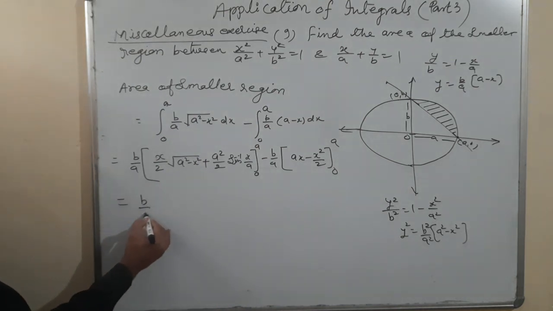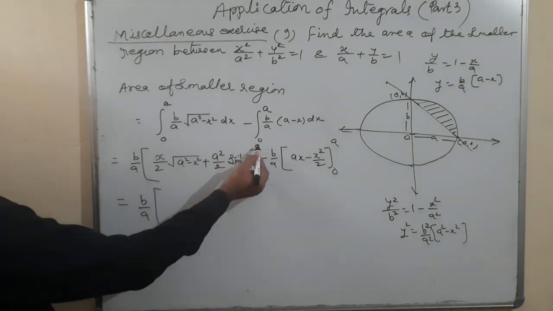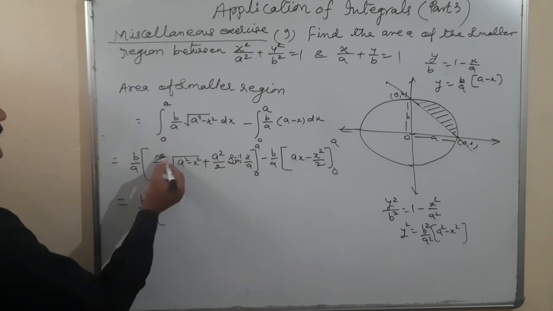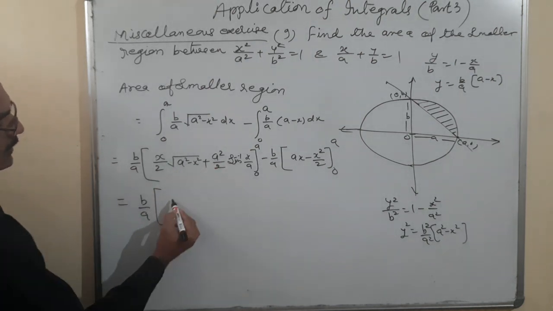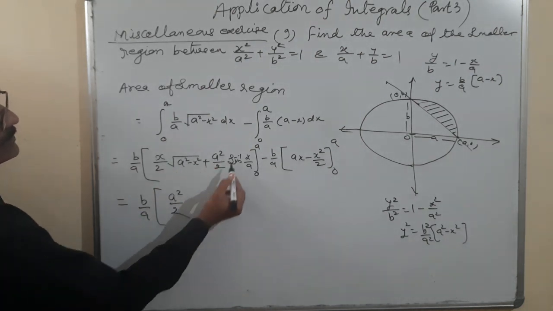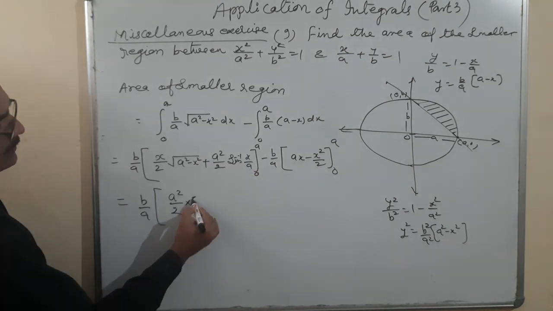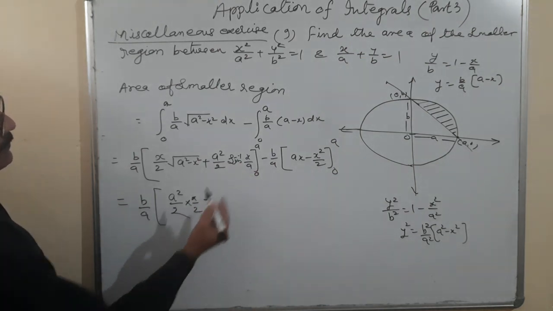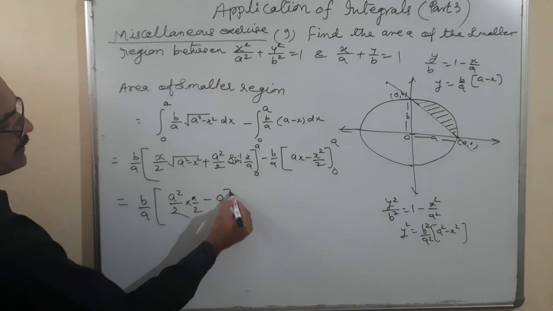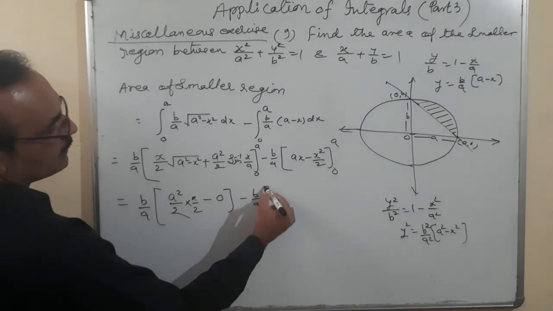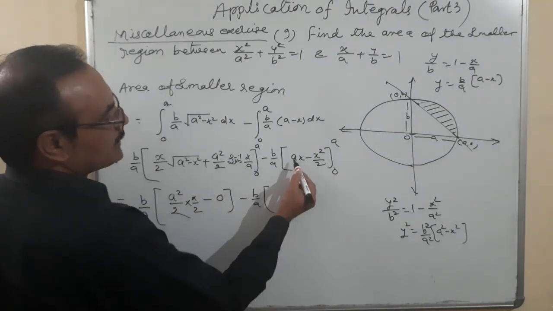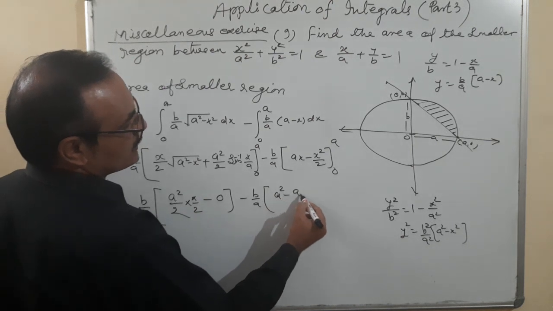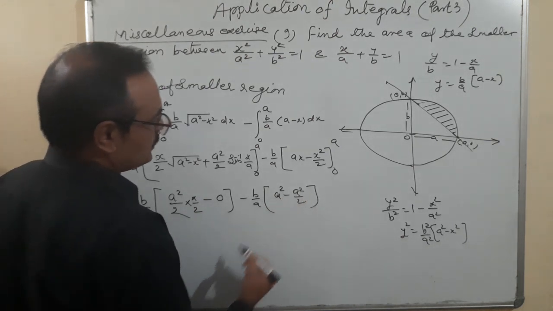B upon a. I'll put a in place of x. So a square minus a square, this is 0. A square upon 2 sine inverse a upon a, 1, that is pi by 2. Minus, when I put 0, this is 0 and 0. This entire term is 0, minus b upon a. Here you can put a, this is a square minus a square upon 2, minus 0.